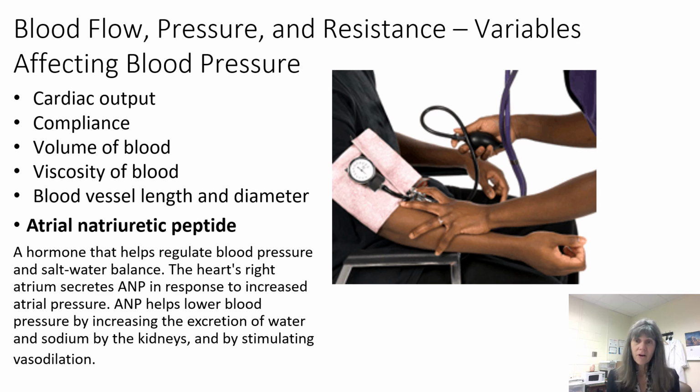You may recall from the endocrine system that the right atrium produces atrial natriuretic peptide, which is a hormone that helps regulate blood pressure as well as salt and water balance. The atrium will secrete atrial natriuretic peptide hormone when there is increased atrial pressure.